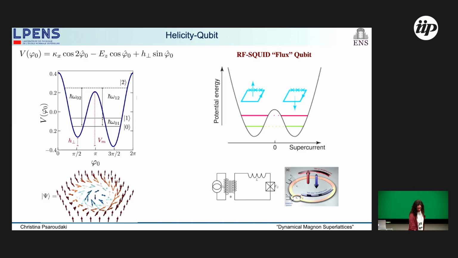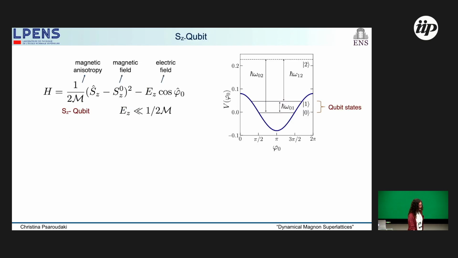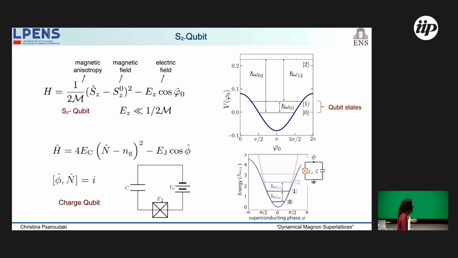So since we could have a flux qubit, could we have other types of qubits? Of course, then we have the operator S_z, so spin states, right? So if we are in a limit where this term dominates over the electric field, and let's say we forget all the other potential terms, we can still diagonalize this Hamiltonian and identify the lowest two qubit states, which physically are magnon states. And this concept bears similarities with the charge qubit, right?